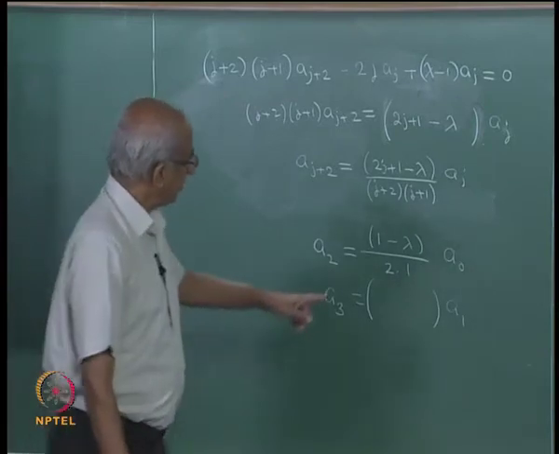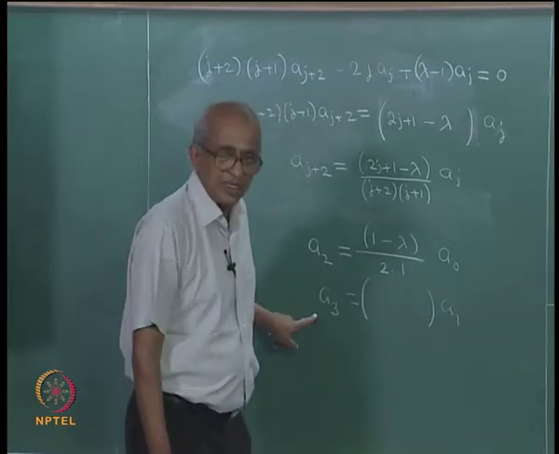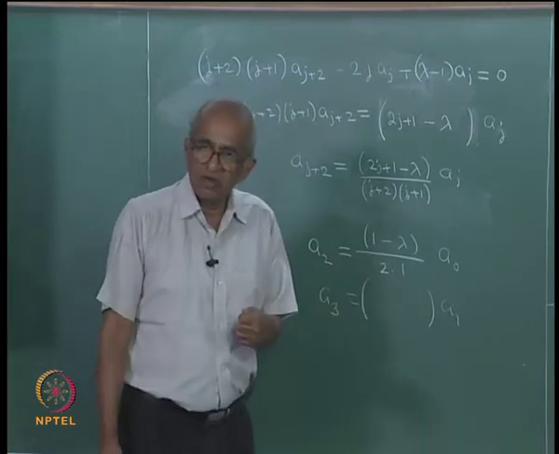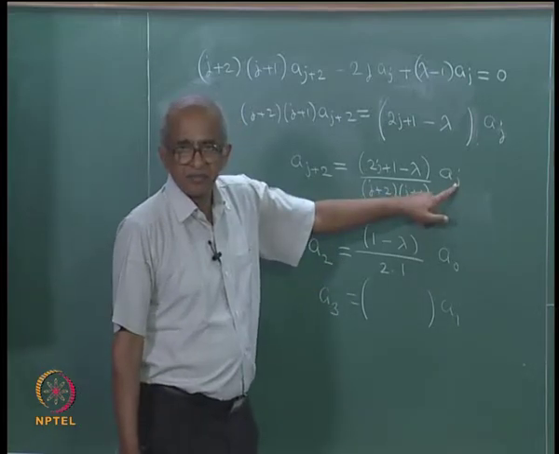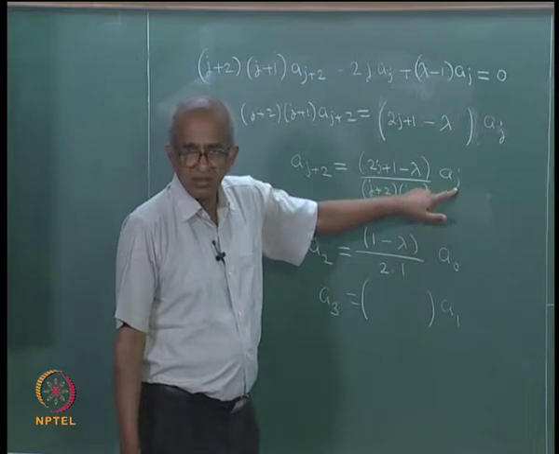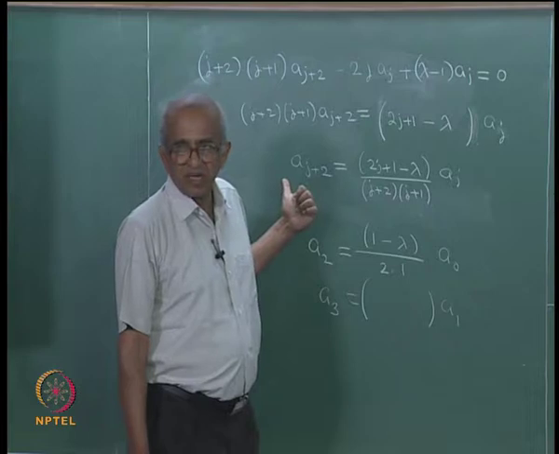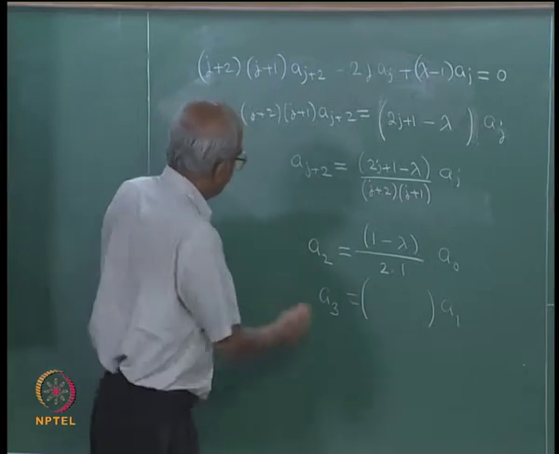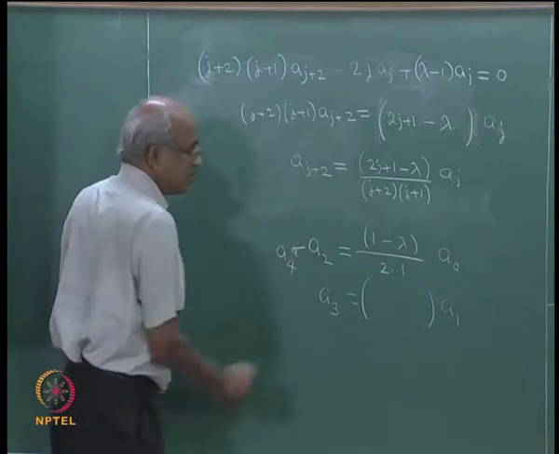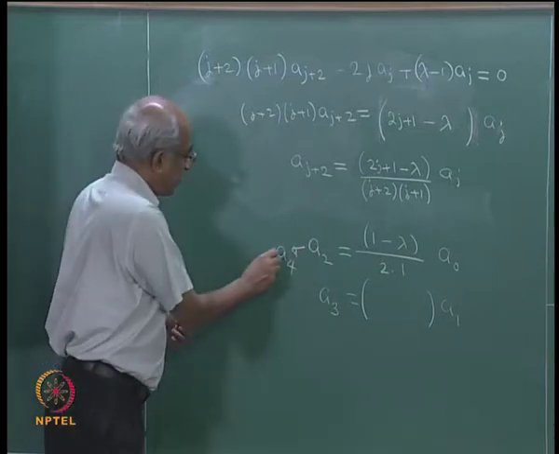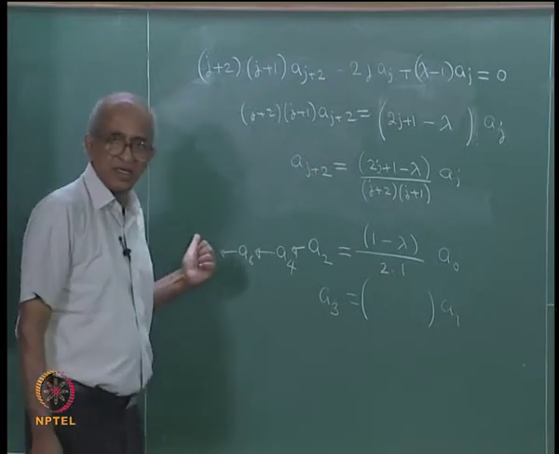So, you notice that the value of a0 determines a2 and the value of a1 determines a3, but then if I know the value of a2, I can put that value here, right. You put j equal to 2, then I would have determined the value of a4. So, therefore, from here I can determine a4, right, and from a4 I can determine a6, from which I can determine a8.